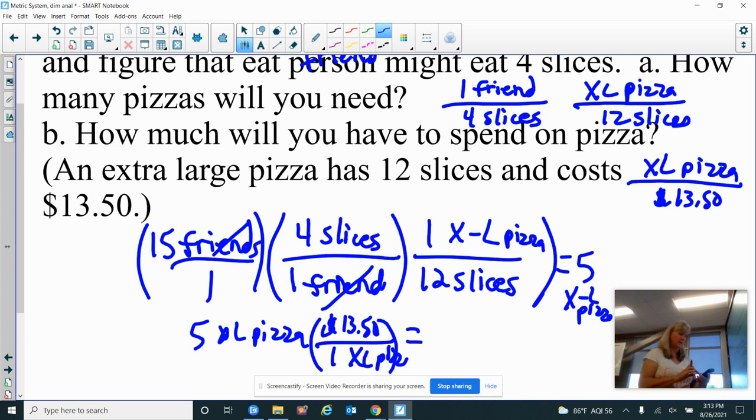And so that is 5 times $13.50. And I'm going to need to spend $67.50 for my party. Okay, so this is just an example that these conversion factors, this idea, can be used to solve story problems. It can be used to solve lots of different types of physics and chemistry problems.